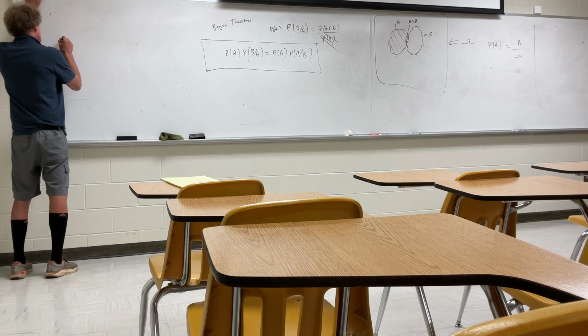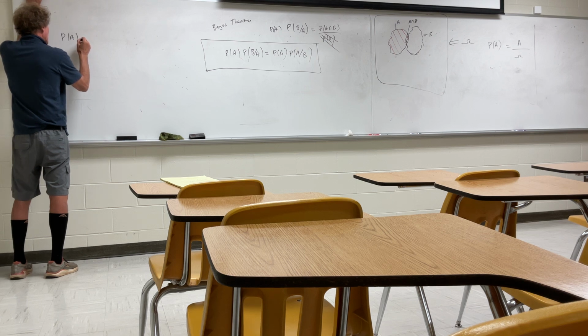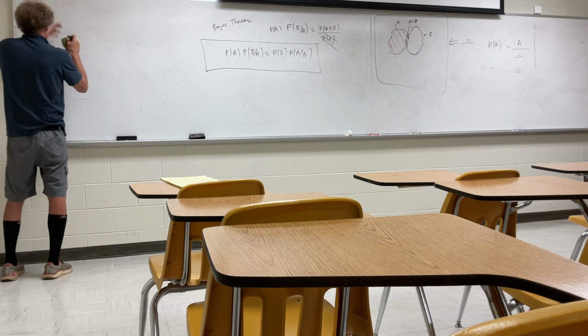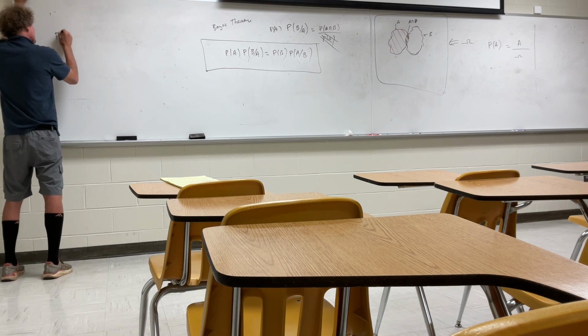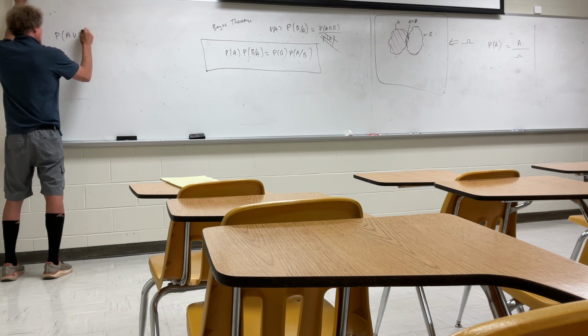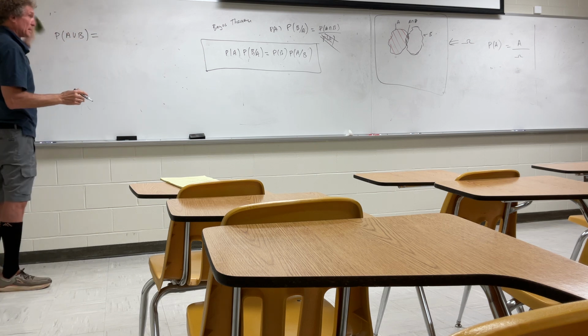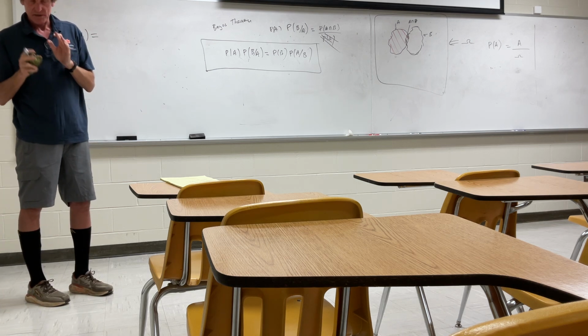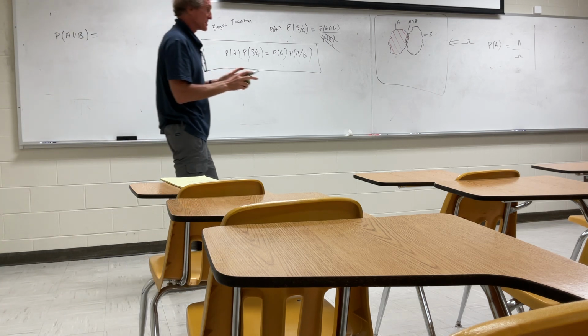the probability of A plus, let me get back. Sorry, let me do it this way. The probability, now listen to me on this one, of A union B. This is not an intersect. Y'all with me on this? Just watch. You don't see how useful this is yet.